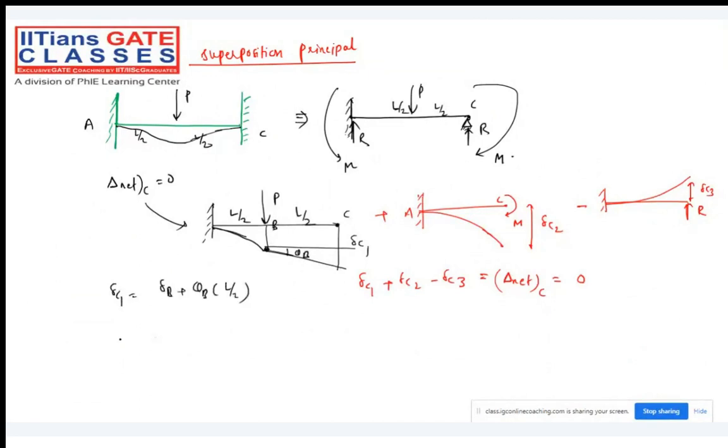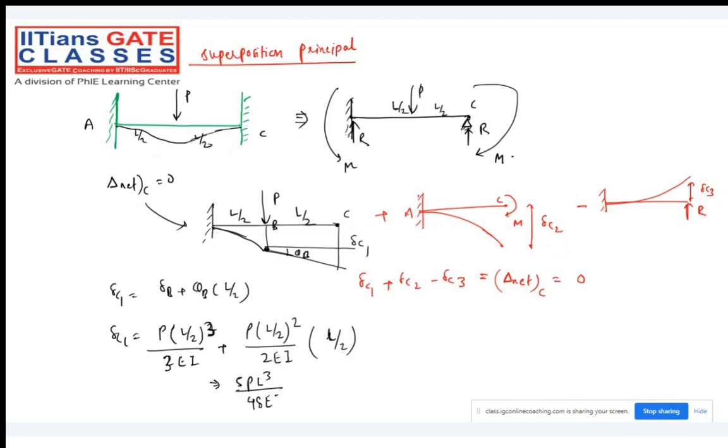Delta B will be P into L by 2 whole square divided by 2EI, plus, I think I already discussed this part, delta C1 is P into L by 2 whole square divided by 2EI into L by 2. If I calculate, I'll be getting 5PL cube divided by 48EI. So this is delta C1.